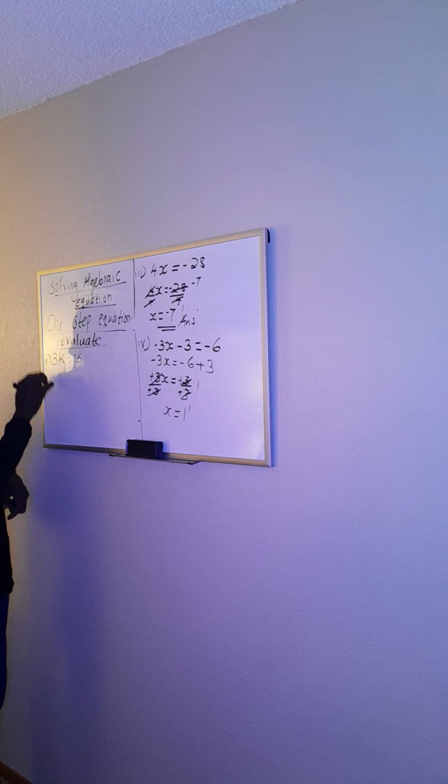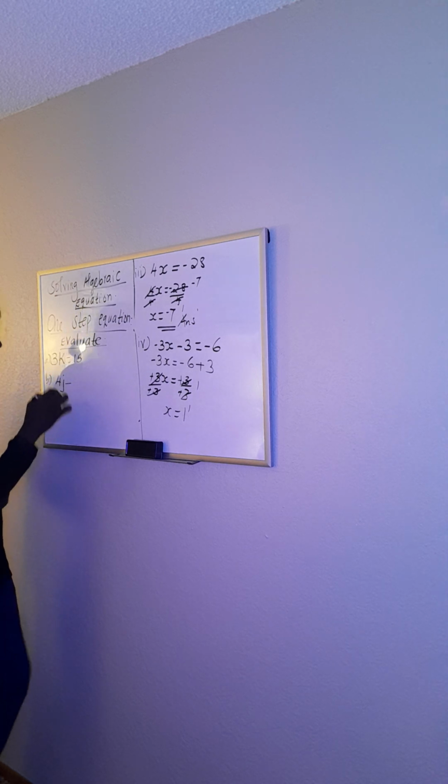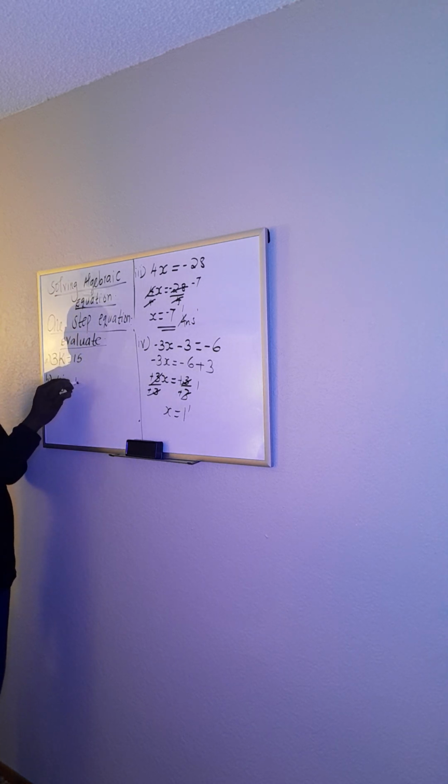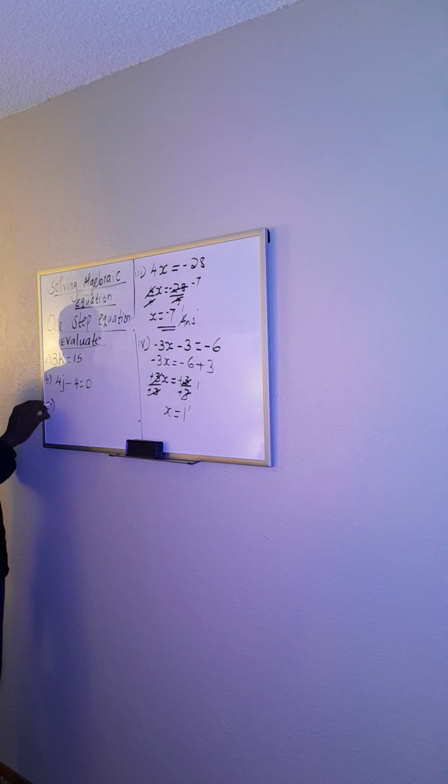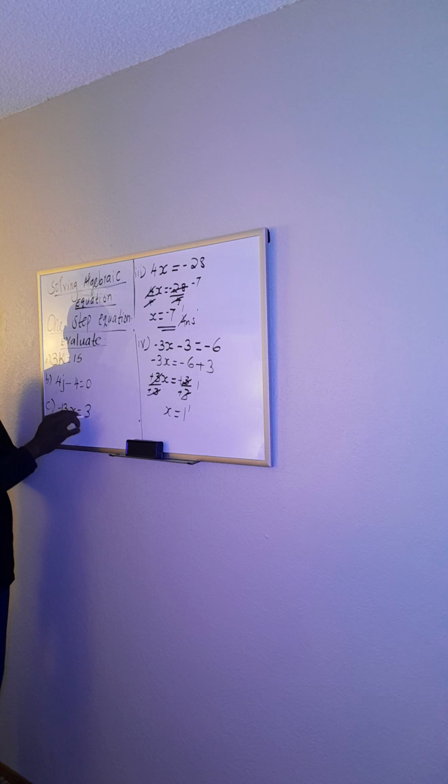That is question A. Question B, 4j minus 4 is equal to 0. C is another type of question, negative 13x is equal to 39.